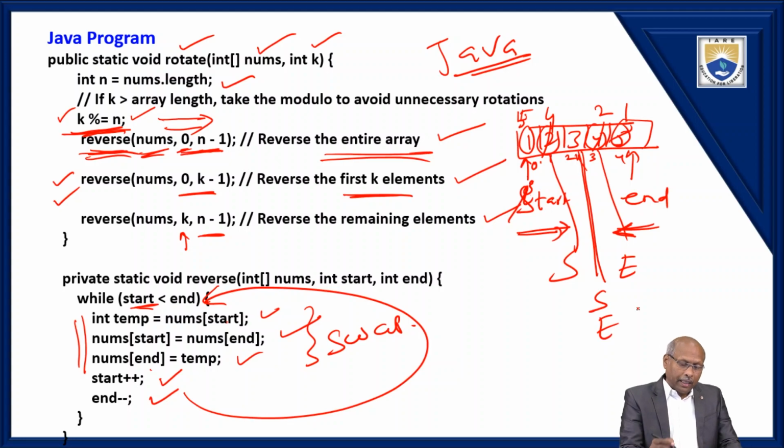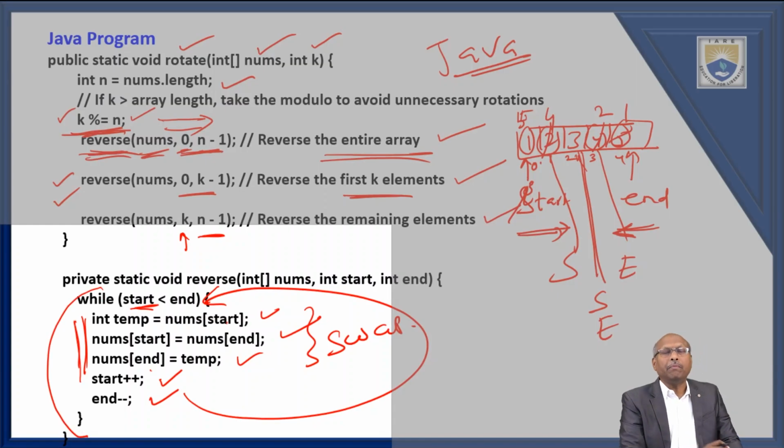When the starting and ending come to the same position, is start less than end? No. So it will not go inside, because both are pointing to the same place, only a single element is there, so no need to do swapping. When the loop is over, the entire array is swapped.